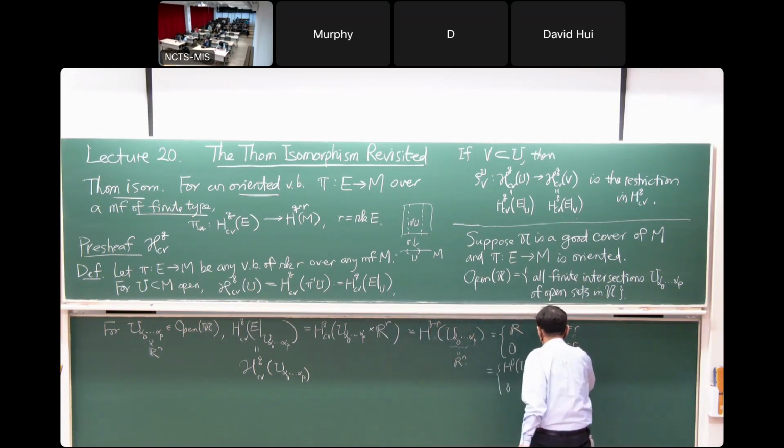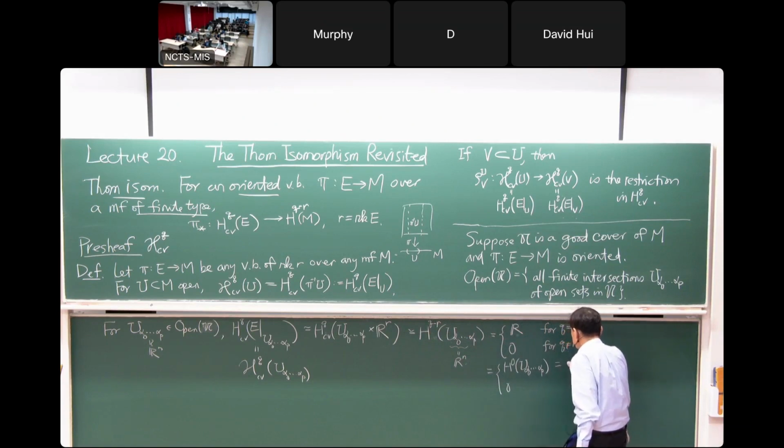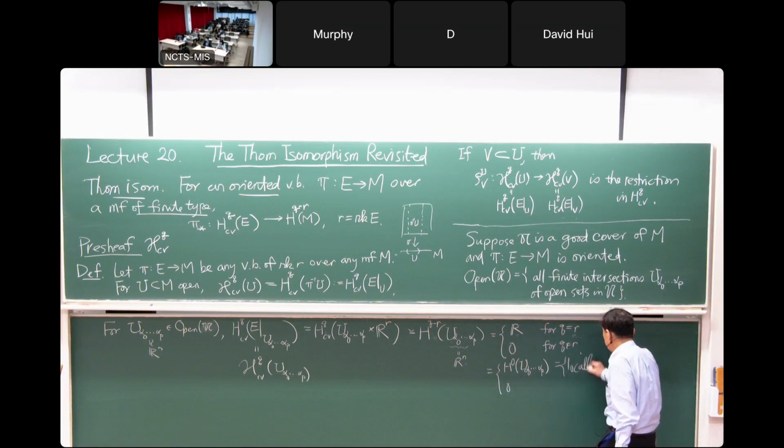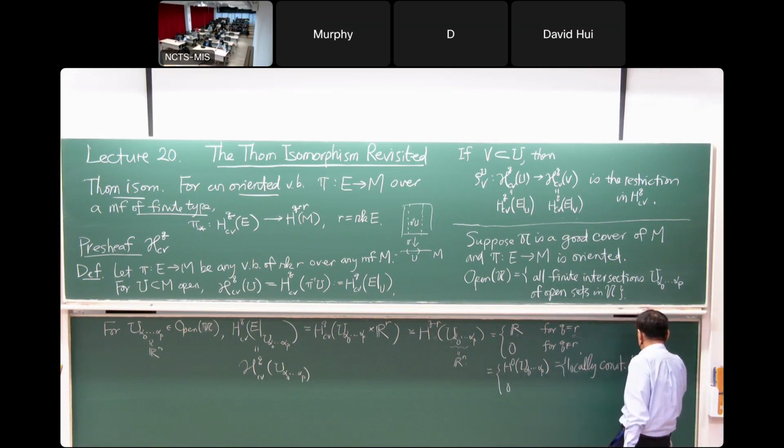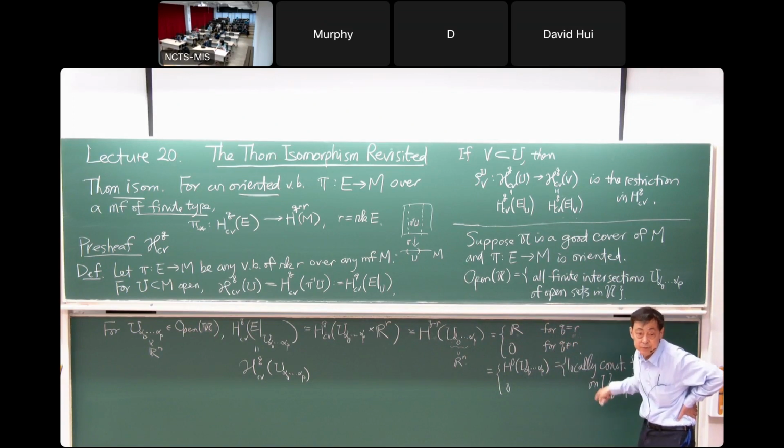So these are the locally constant functions on this open set. And that's a pre-sheaf too.